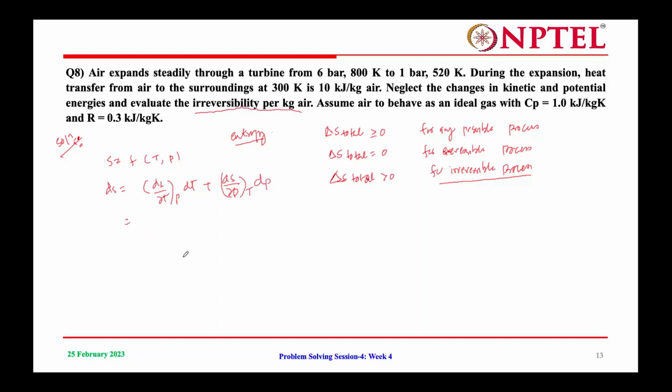Now we can write (dS/dT) at constant pressure as Cp by T, just as we derived in the last slides, right? Now based on the Maxwell relations, (dS/dP) at constant temperature is equal to minus (dV/dT) at constant pressure, right?